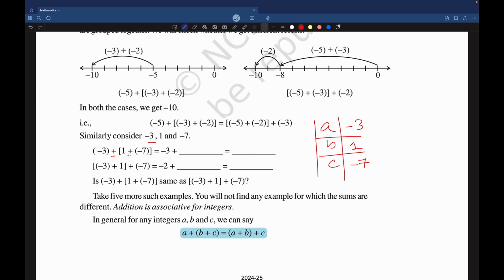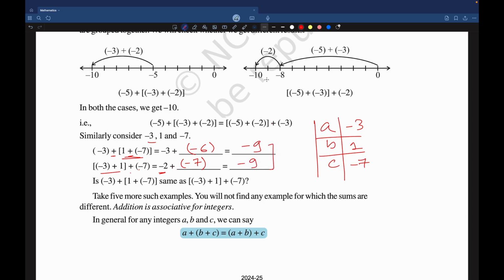(A + B) + C: minus 3 plus 1 is minus 2, and plus into minus is minus 7, so minus 2 minus 7 is minus 9. A + (B + C): 1 minus 7 is minus 6, plus into minus is again minus, so minus 3 minus 6 equals minus 9.